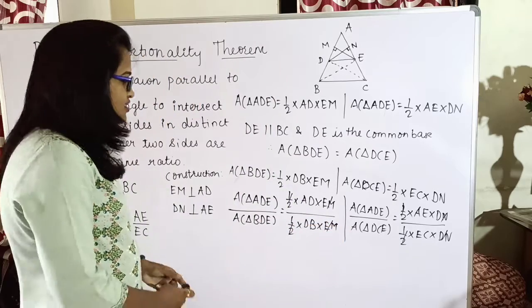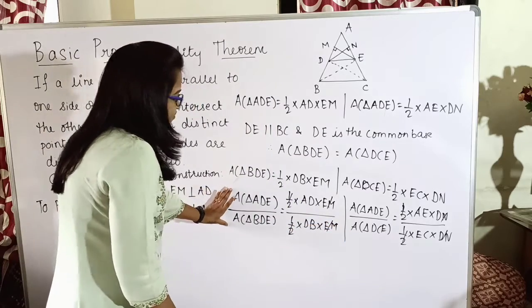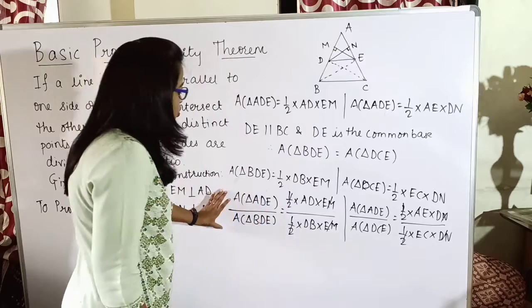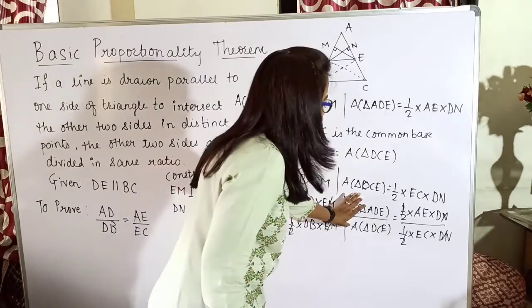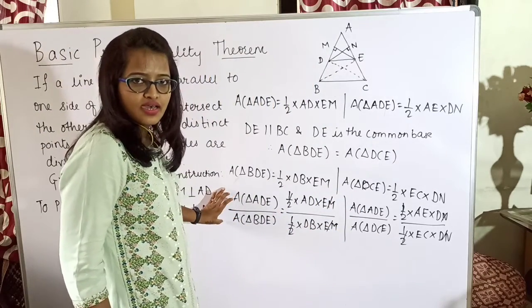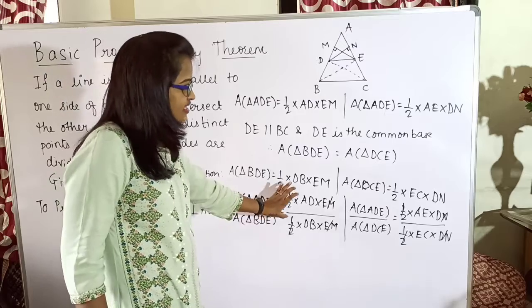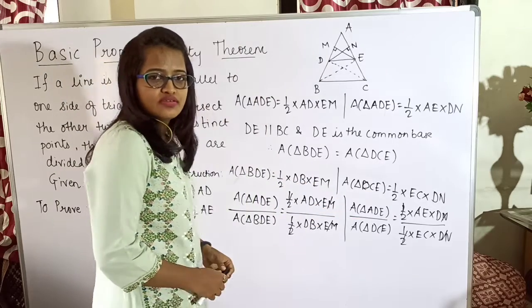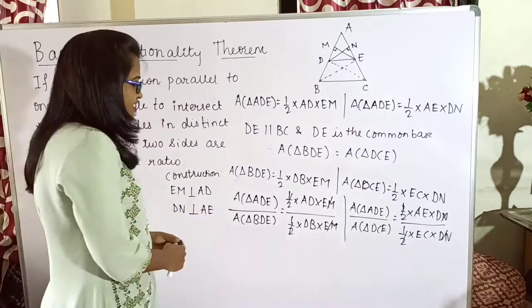Okay, so what does that mean? If the left hand sides of both the divisions are the same, definitely their right hand sides will be equal, isn't it? So let us write down.